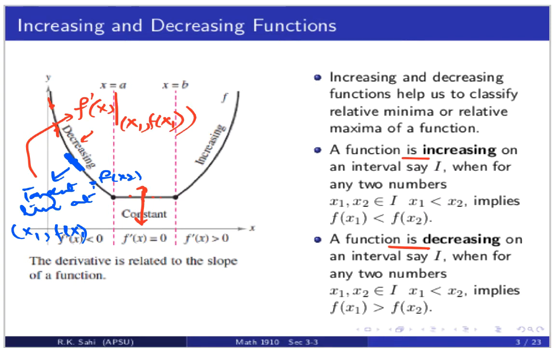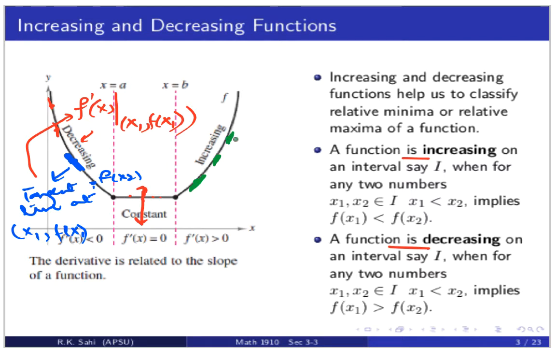Where the function is increasing, if I draw a tangent line, remember, the tangent line gives us the slope of the function. The slope of the tangent line is given by the derivative of the function. If I draw some small tangent lines over here, the slope of each tangent line is always going to be positive, because these straight lines are all going up.